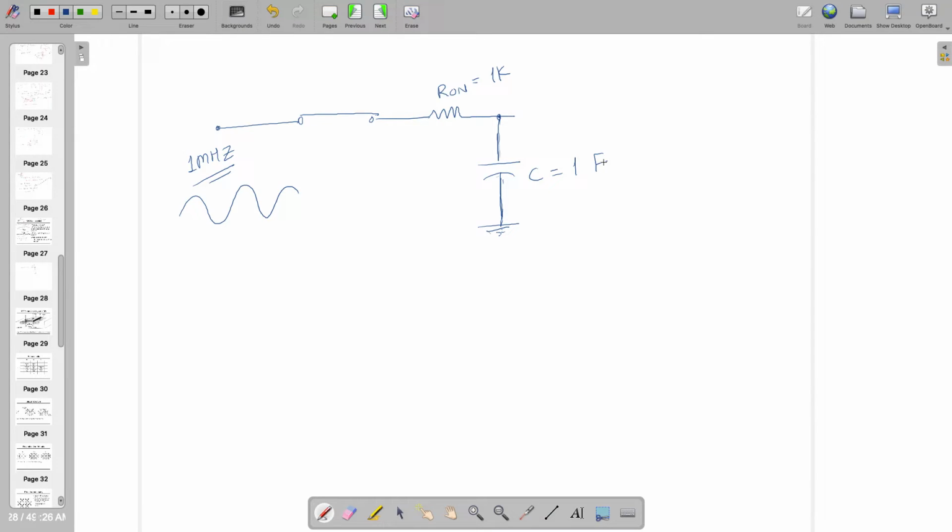What do you think? What will be the output?